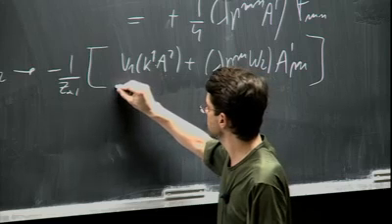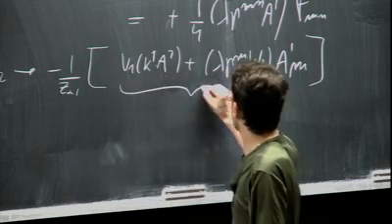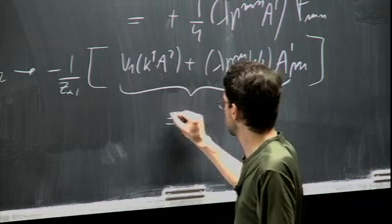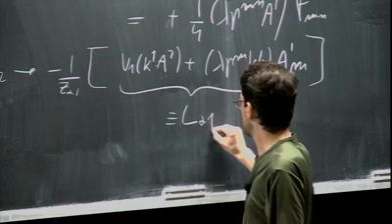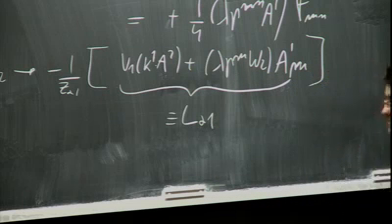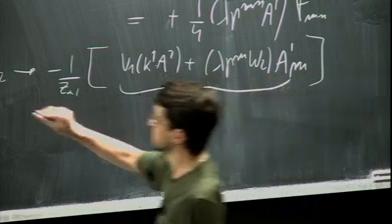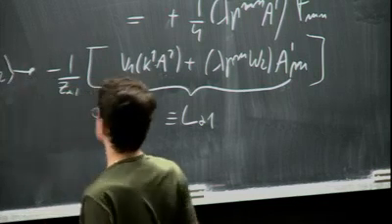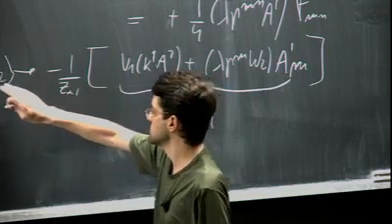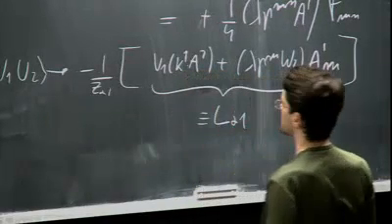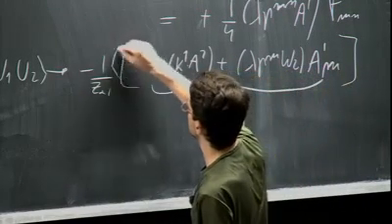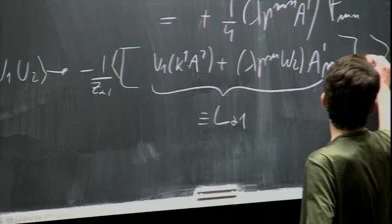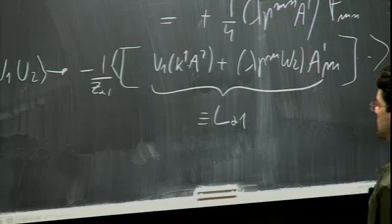So let's give this a name. Let's define this as L to 1, right? And well, we used the fact that we could integrate the BRST charge by parts, so this should be understood that it's inside the bracket with anything outside.